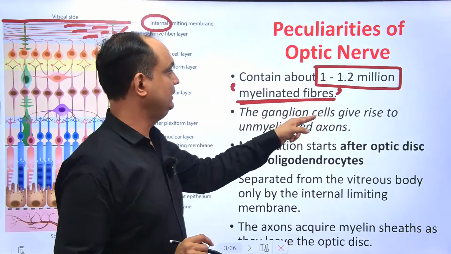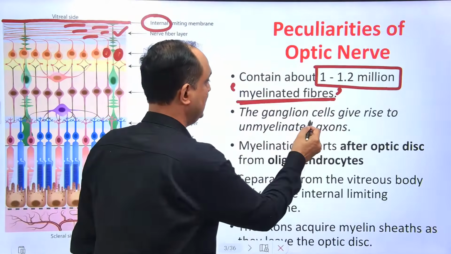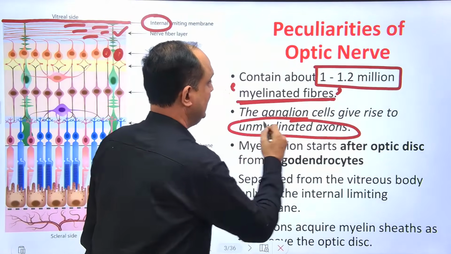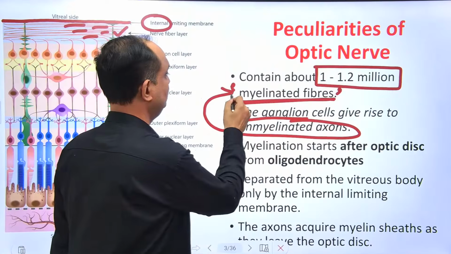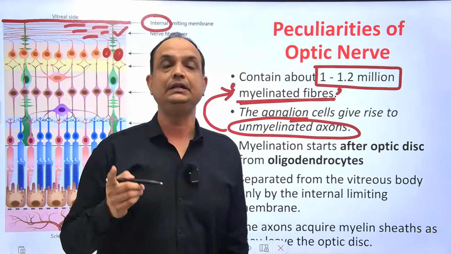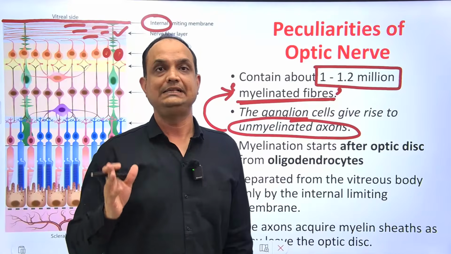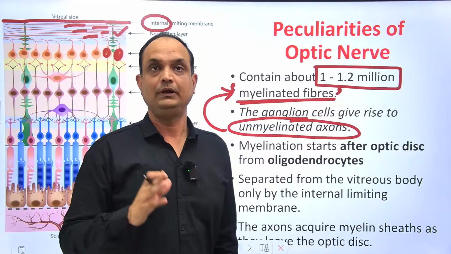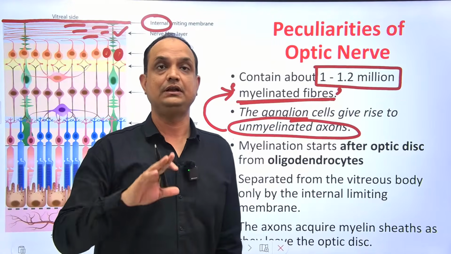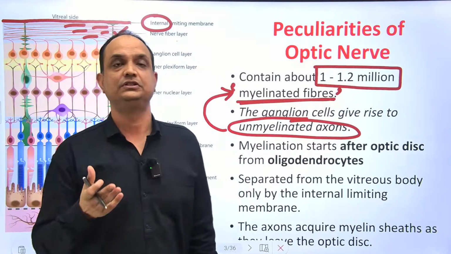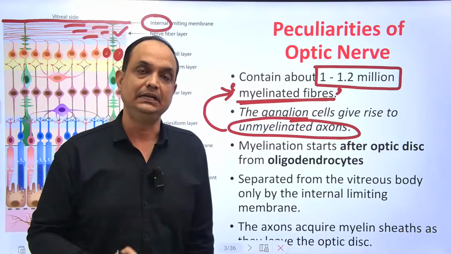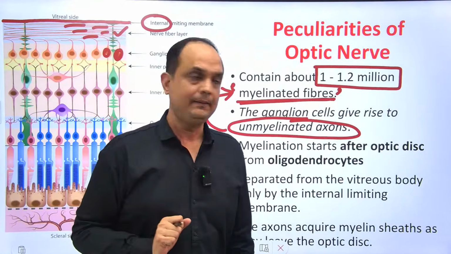So the ganglionic cells give rise to unmyelinated axons, and these unmyelinated axons convert into the myelinated nerve fibers of the optic nerve once they exit your eyeball, because oligodendrocytes, which are responsible for myelination, are absent inside the layers of the eyeball. Clear?